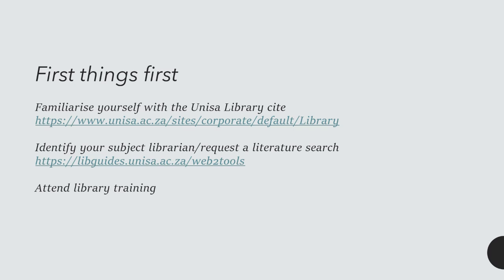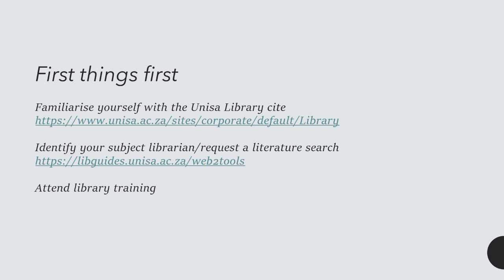Identifying your subject librarian or requesting a literature search: you can ask the library or your subject librarian to assist you with your literature search. There is just a short form that you complete, and then the library will assist you.